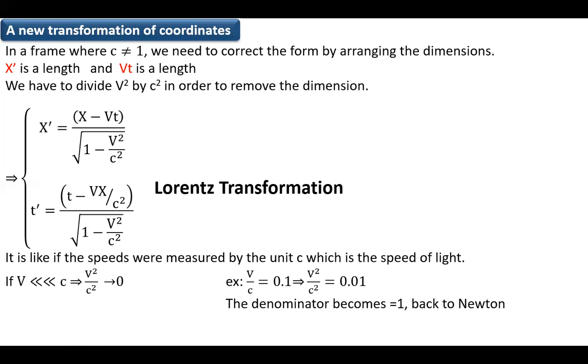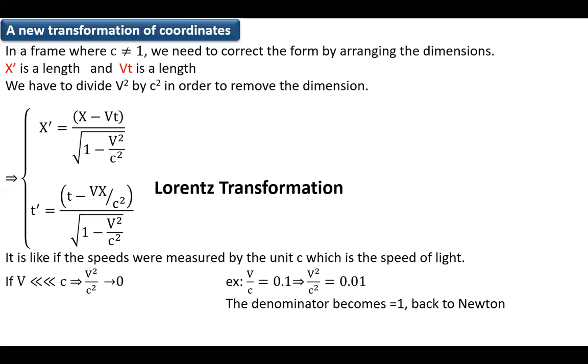So this is the form of the Lorentz transformation in a frame where c is different from 1. x prime is equal to x minus vt over the radical of 1 minus v squared over c squared, and t prime is equal to t minus vx over c squared over the radical of 1 minus v squared over c squared.